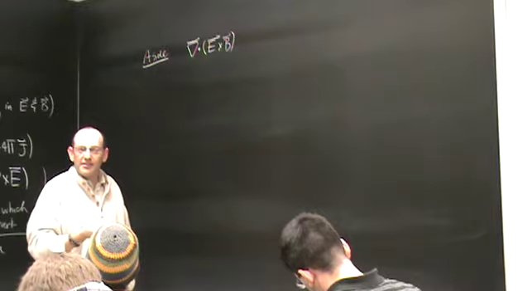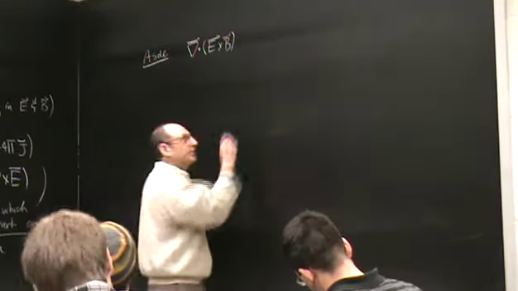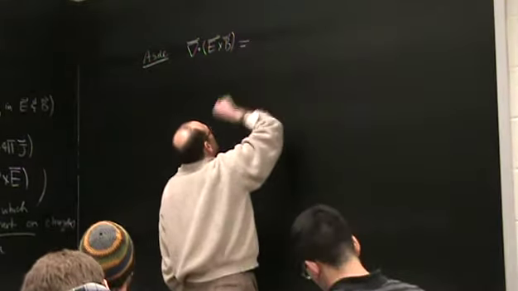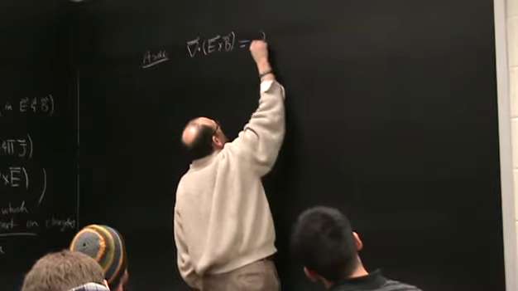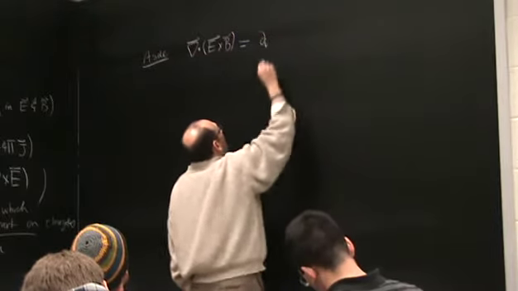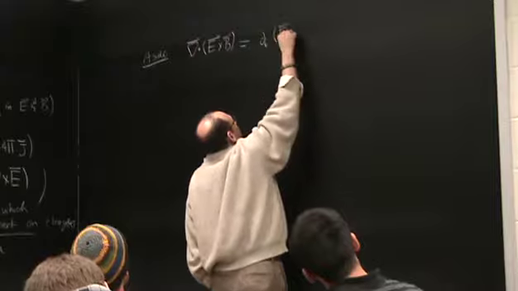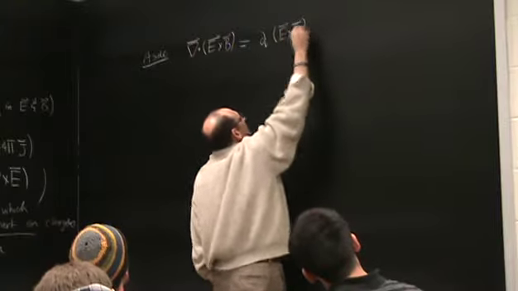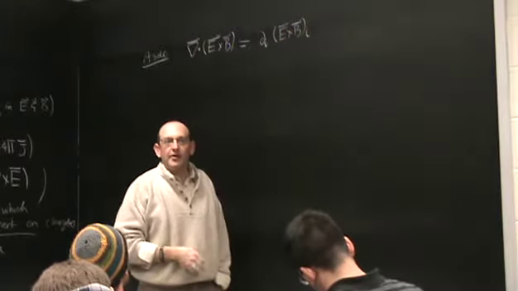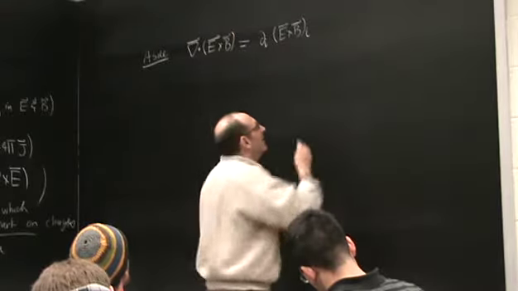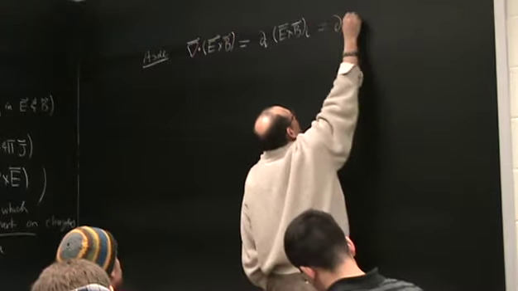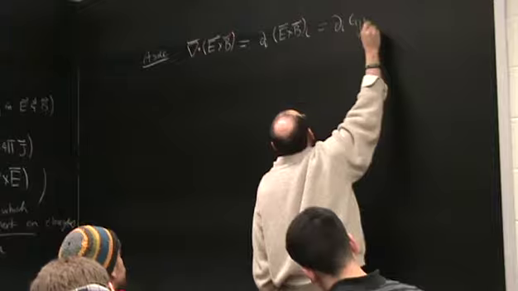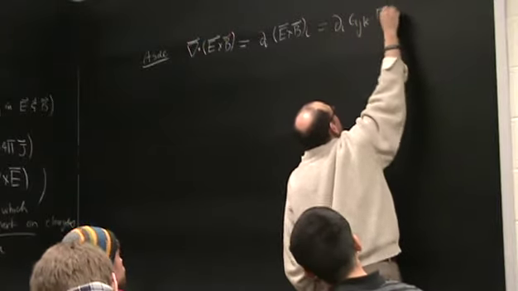Write it out in the components, right? Gotta know my tensor notation. So this is partial i times (E cross B) i, right? But (E cross B) i is epsilon ijk E j B k.